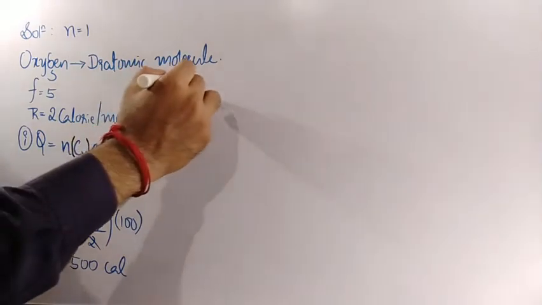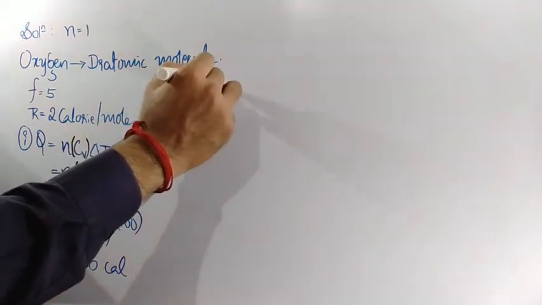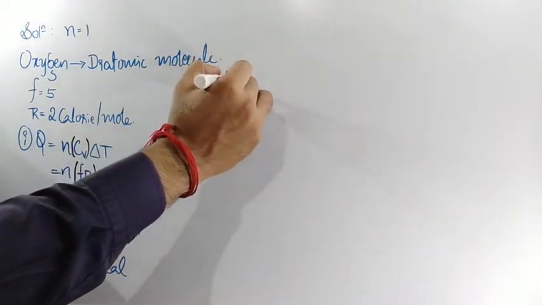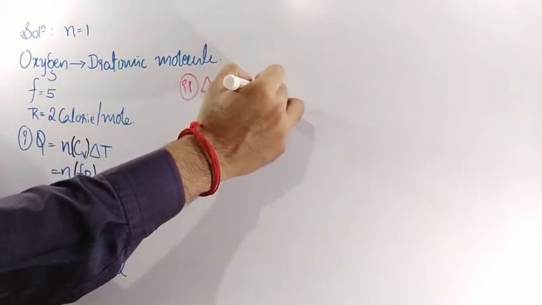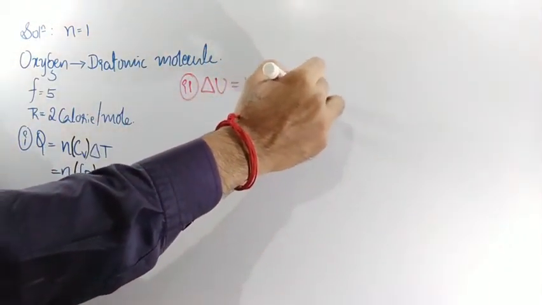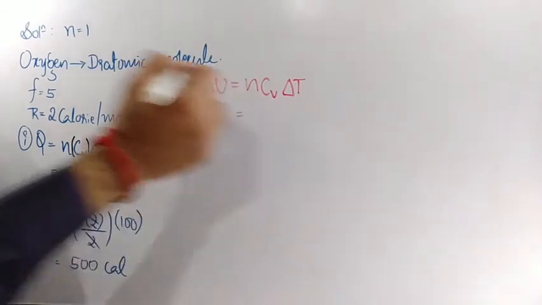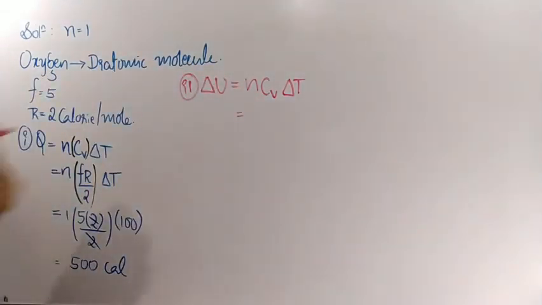So second case, delta U is equal to. Now listen. What is the formula for it? Delta U is nothing but again NCV delta T, which is equal to CV value. Again you should substitute FR by 2.